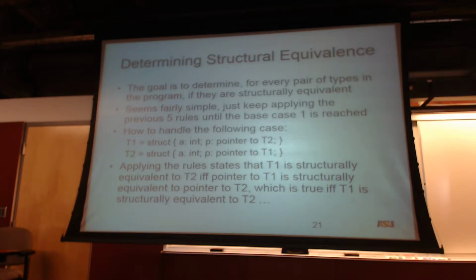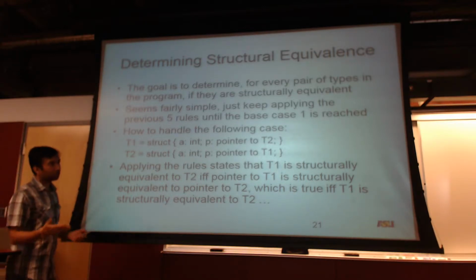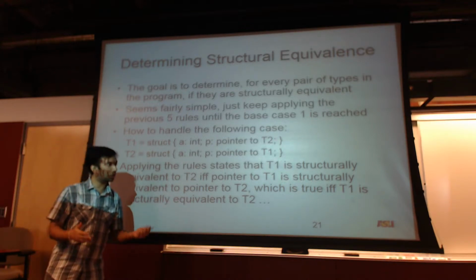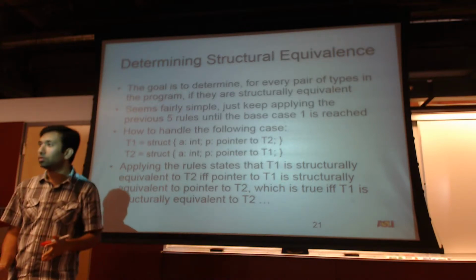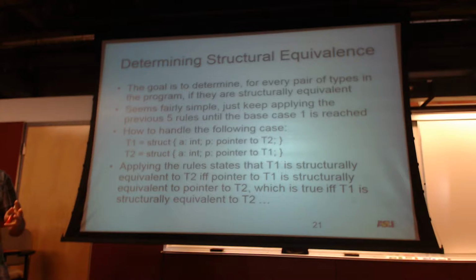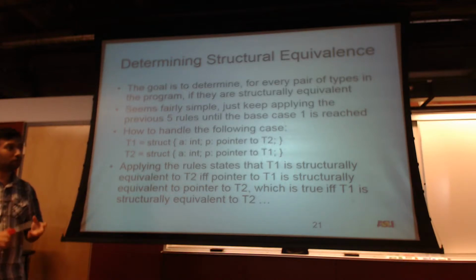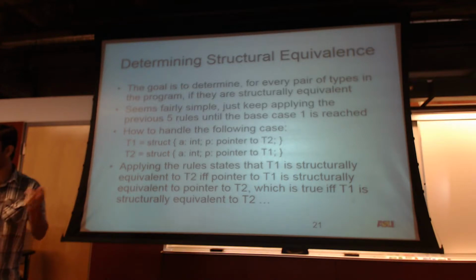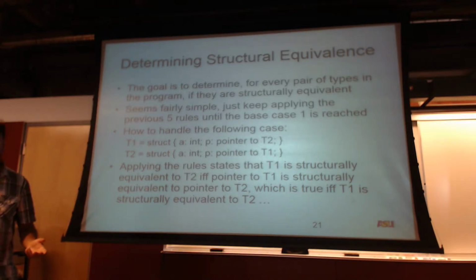Applying the rule states that T1 is structurally equivalent to T2 if and only if pointer to T1 is structurally equivalent to pointer to T2. And if you apply rule 2, it says which is true if and only if T1 is structurally equivalent to T2. So you keep on switching, no end. So how to end it?